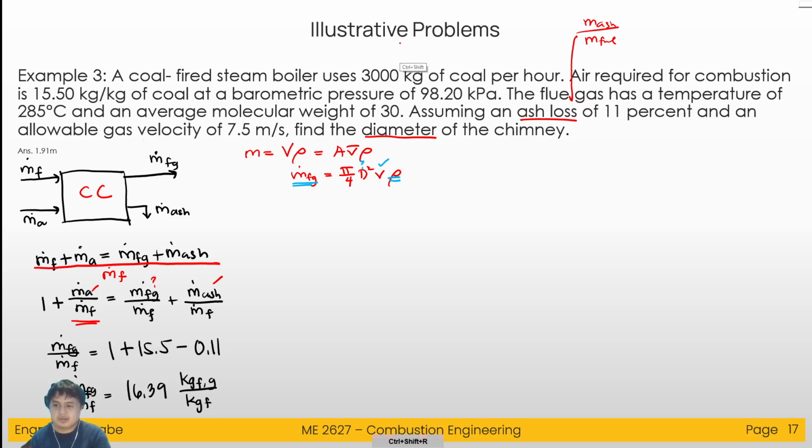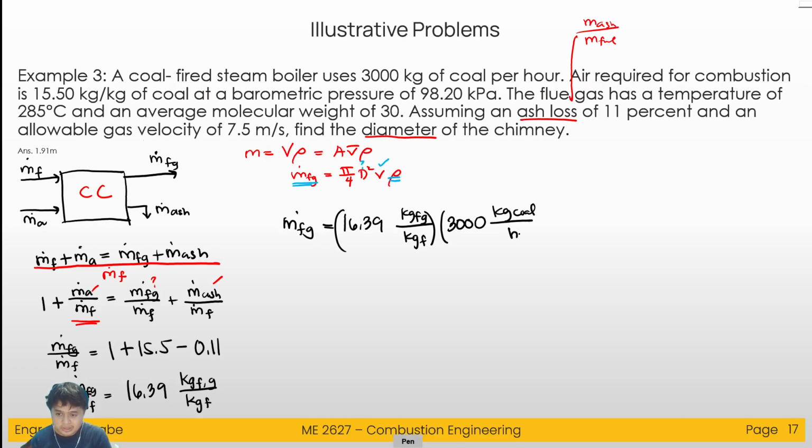So basically, if we have this, to find the mass of the flue gas, we can just multiply 16.39, which is in terms of kilogram flue gas per kilogram of fuel, multiplied by the mass of the fuel, which is 3,000 kilogram of coal per hour.